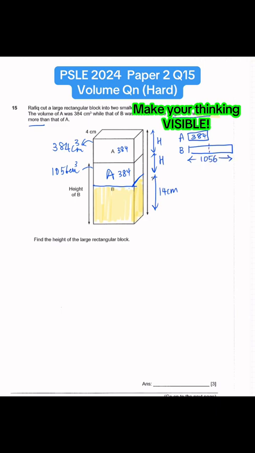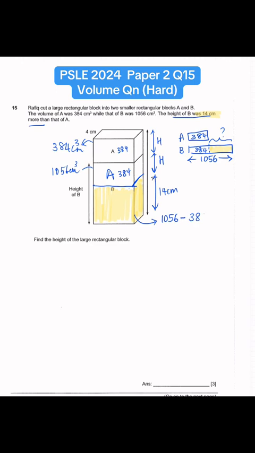So 384 is in here, and the portion in yellow is this bit. To find the volume of this yellow block, I'll take 1056 minus 384, and that will give us 672 cubic centimeters. This is only for that yellow block.